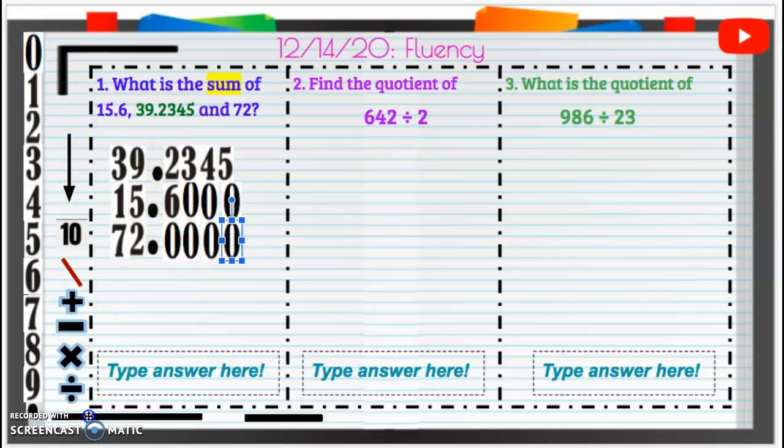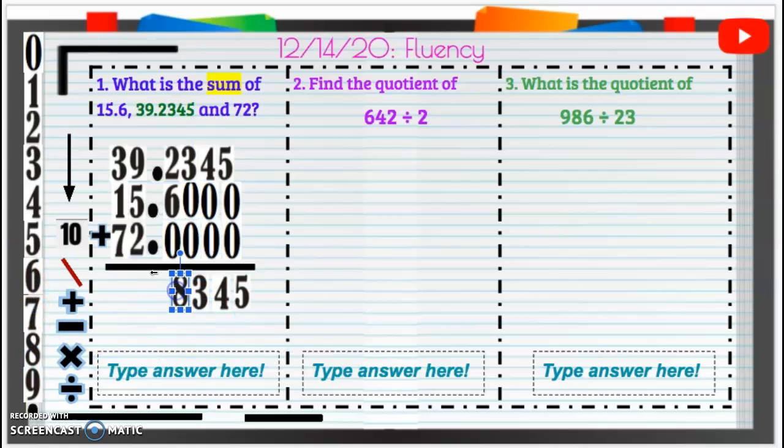All right, let's add them up. 5 plus 0 is 5. 4 plus 0 is 4. 3 plus 0, 3. 2 plus 0, 6, 7, 8.